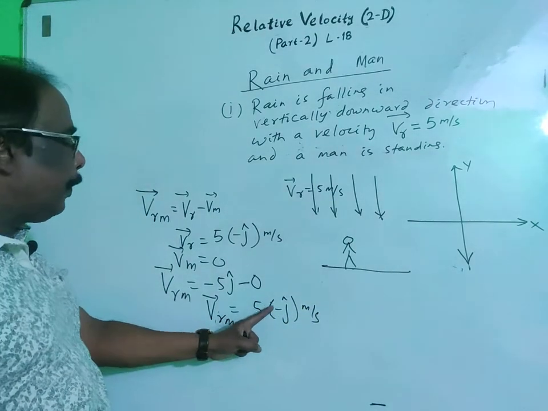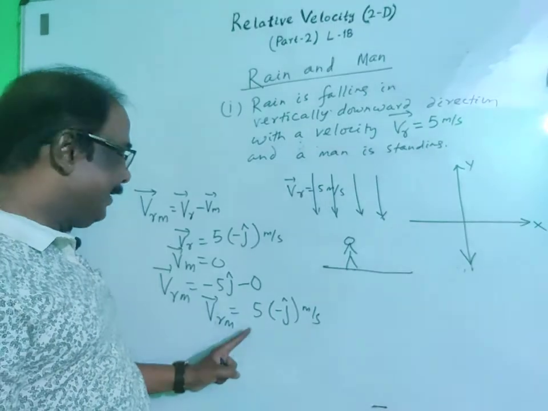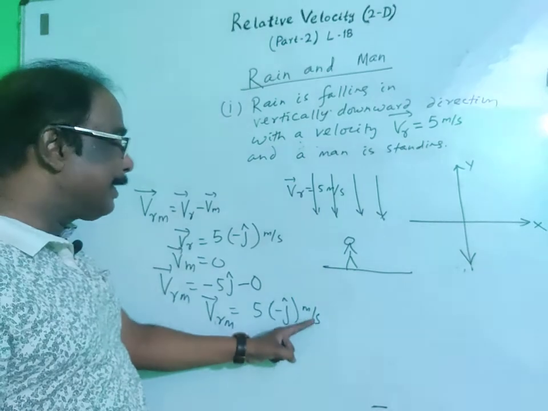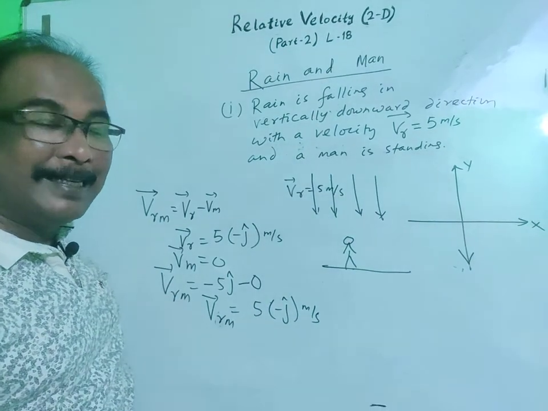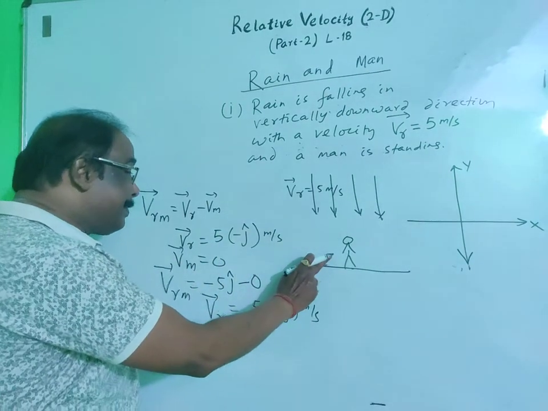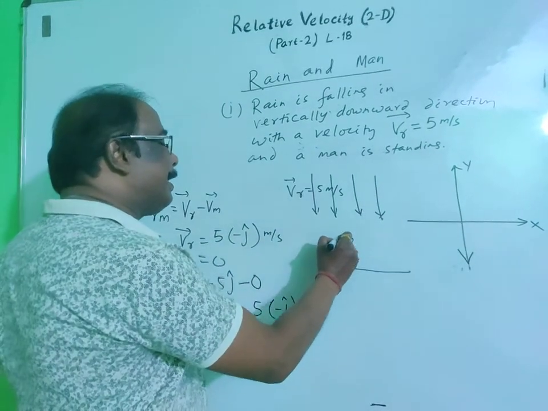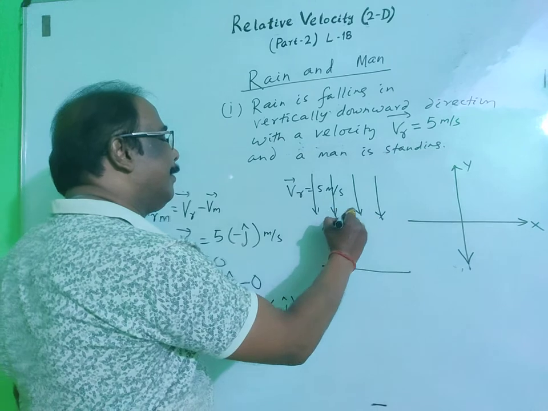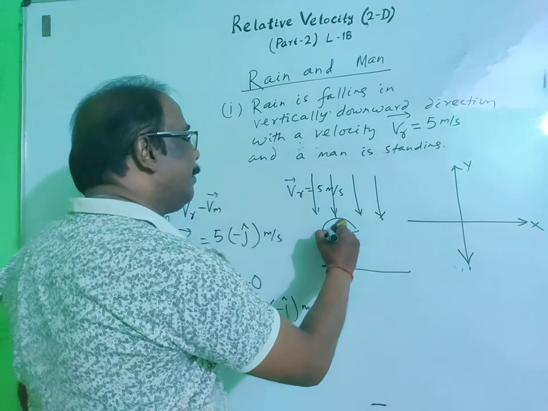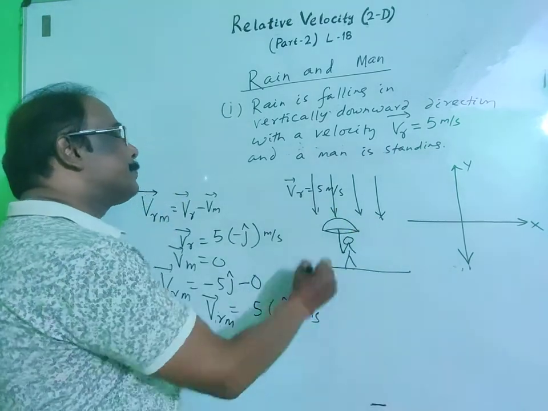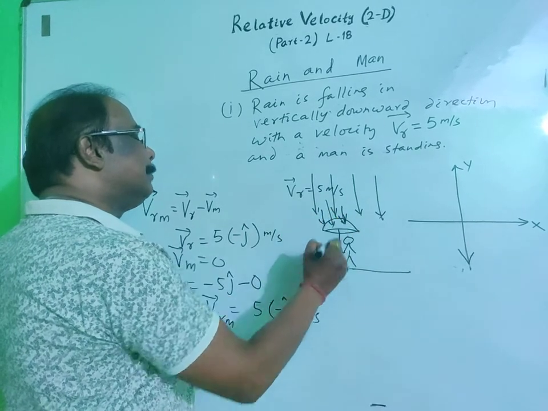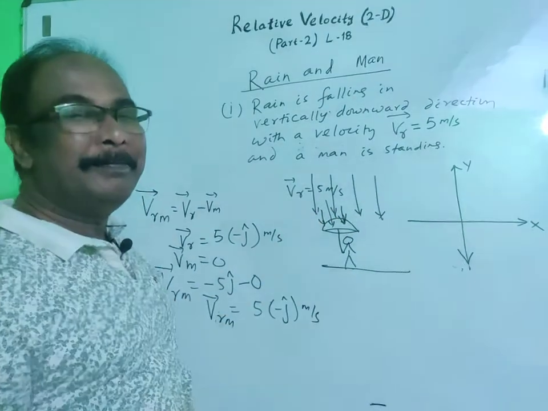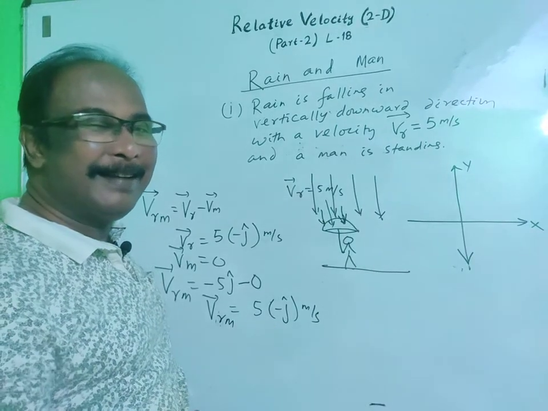Rain is falling with a velocity of 5 meter per second in the negative y-axis direction. To save himself from rain, the man should hold the umbrella vertically upward, so whatever rain strikes his umbrella will not fall on him. So he is saved from rain.